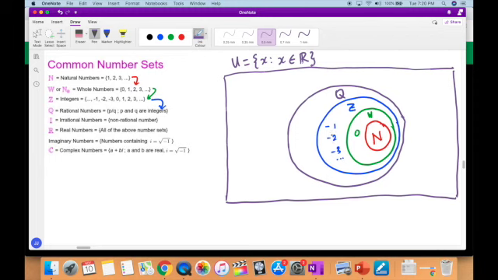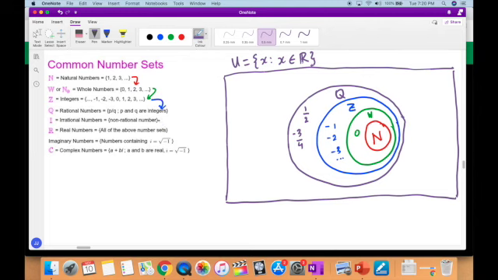Q is for rational numbers. And what's going to be on the outside? Your normal fractions like a half or -3/4 will be outside here, and on the inside you'll have the whole number fractions like 2/1 or -3/1.